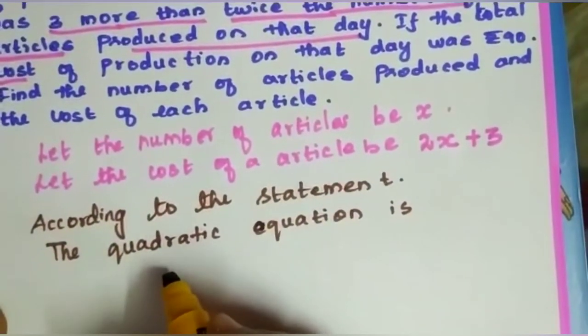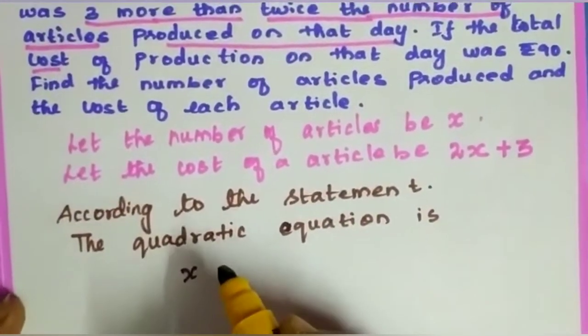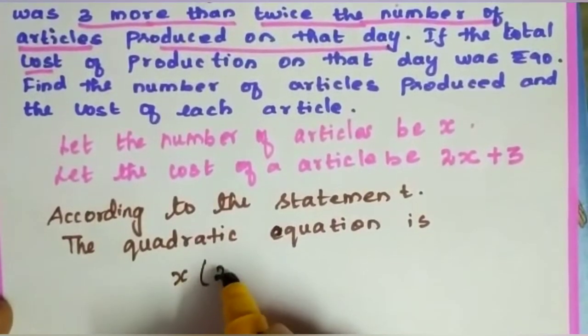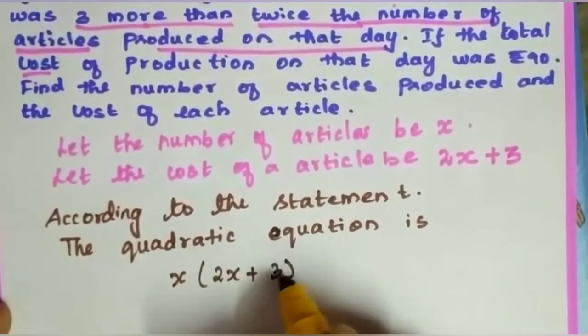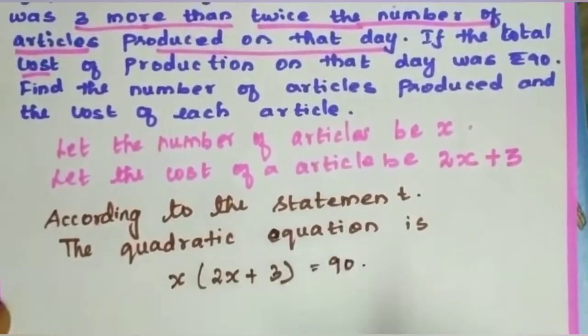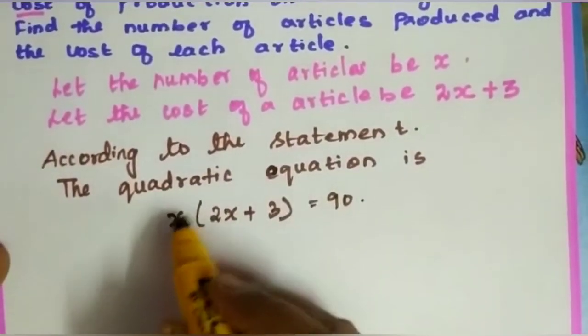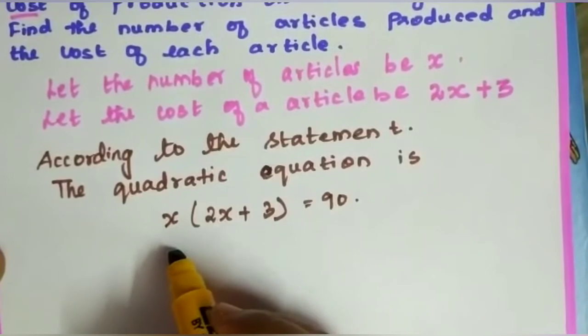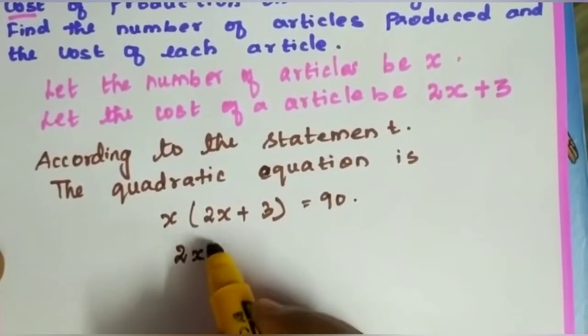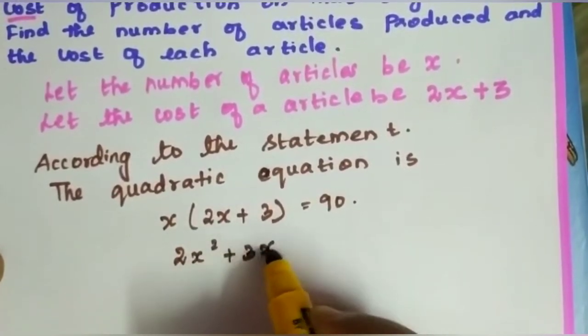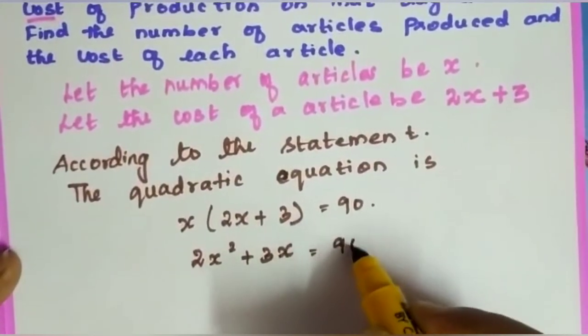Okay, and you have to multiply x into 2x plus 3 is equal to 90. Then multiply inside the bracket: 2x square plus 3x is equal to 90.